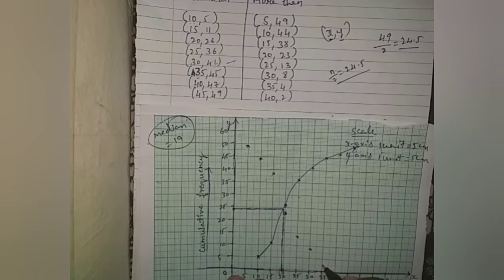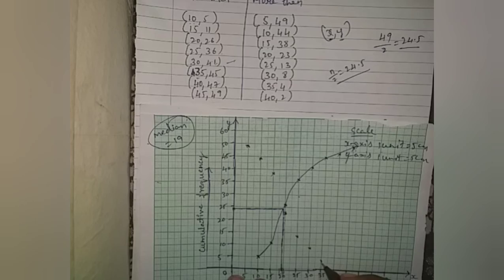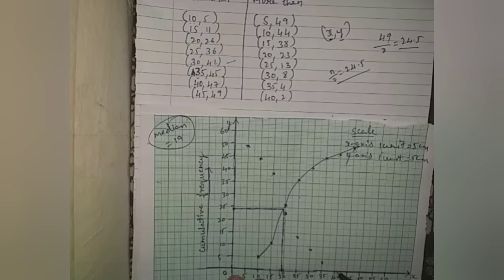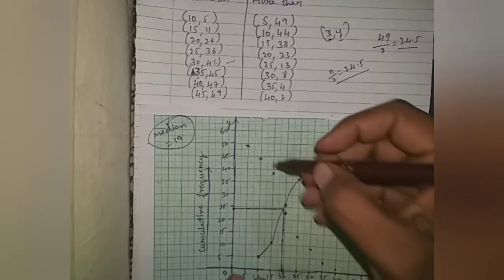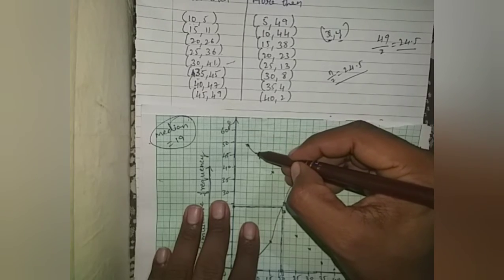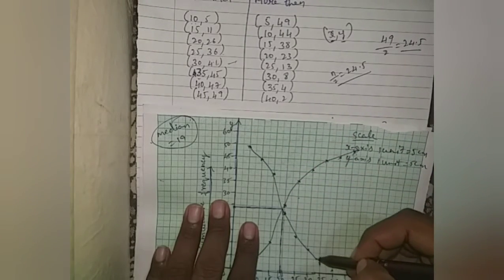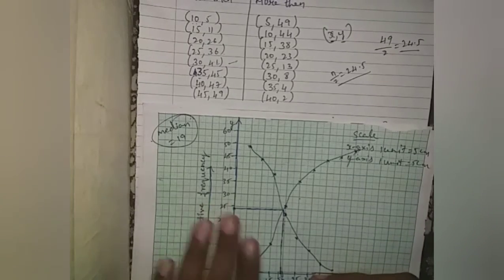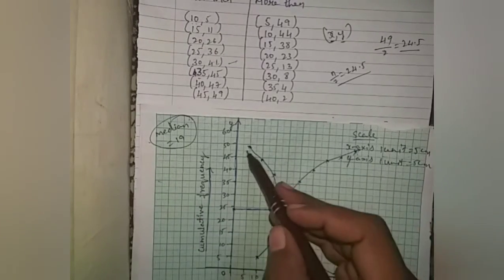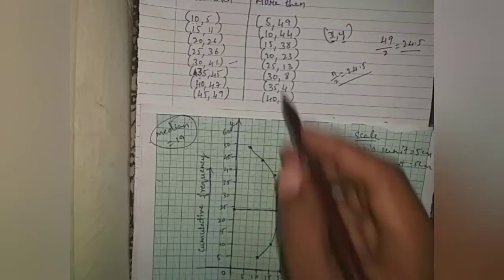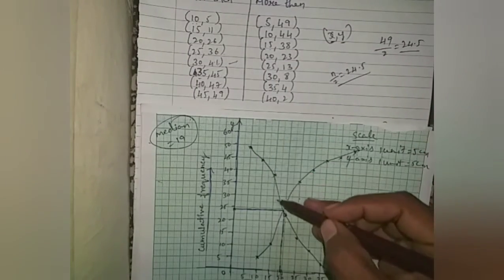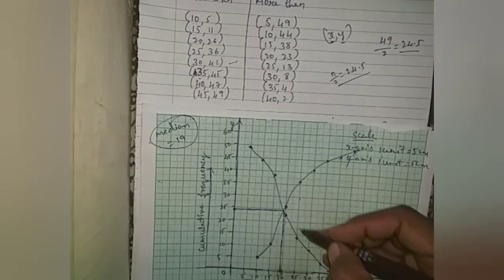Next 35 comma 4, somewhere here. And 40 comma 2 is here. So now I'll join the points. See, I told you more than graph means the graph will be decreasing. See, it is decreasing.